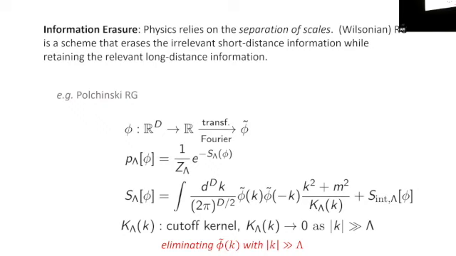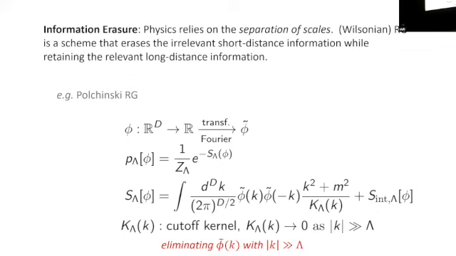So you write down the kinetic term. Phi tilde is the Fourier transform of my original field phi, and then I insert this cutoff kernel in the kinetic term. This cutoff kernel is some function yet to be specified that determines the RG scheme, but it needs to have the feature that it sets the scale such that when the momentum is much larger than your cutoff scale lambda, this kernel goes to 0.